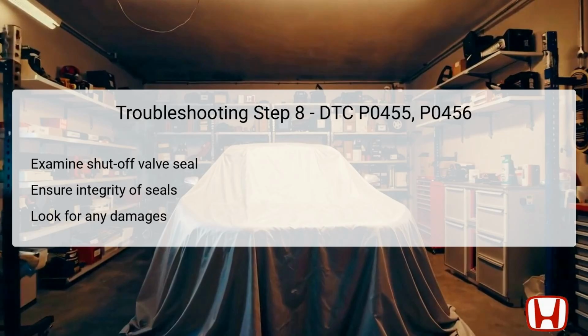A solid seal is paramount for maintaining system pressure and efficiently processing fuel vapors. Any discrepancies in this area could very well lead to the emergence of DTC P0455 or P0456. Thus, it requires thorough attention.